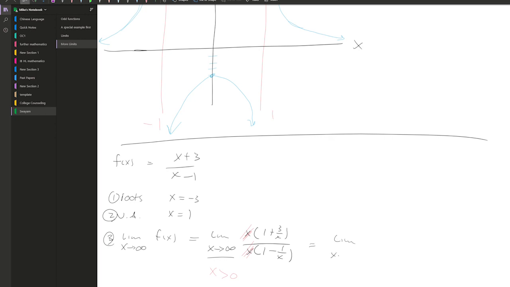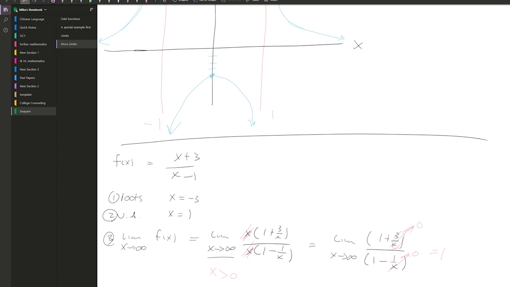And what ends up happening is I have the limit as x goes to infinity of 1 plus 3 over x, divided by 1 minus 1 over x, and now I'm looking at the limit over here, and I know that this guy goes to 0, and this guy goes to 0, so this limit is 1.